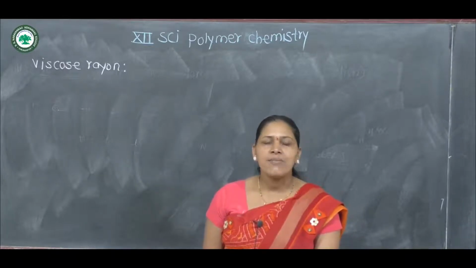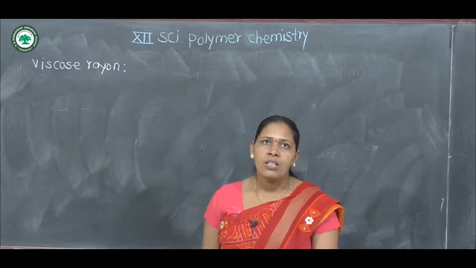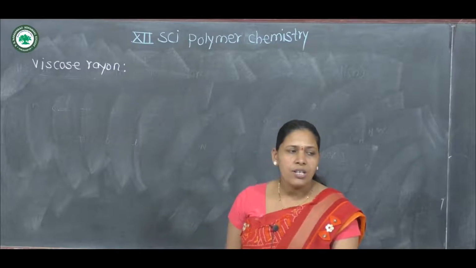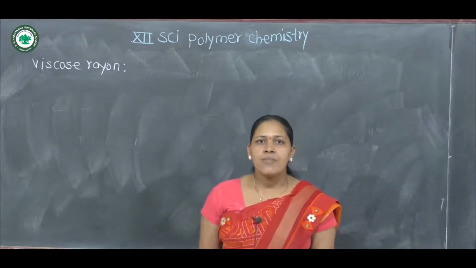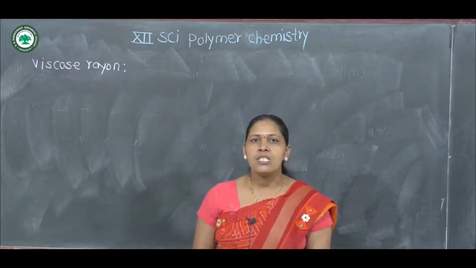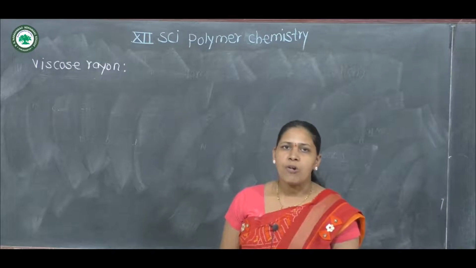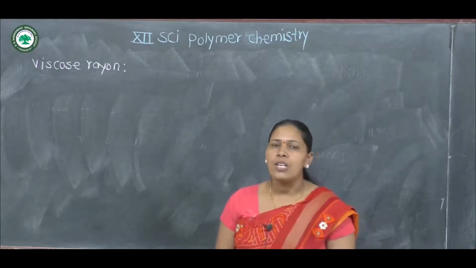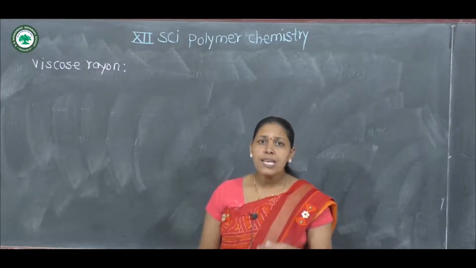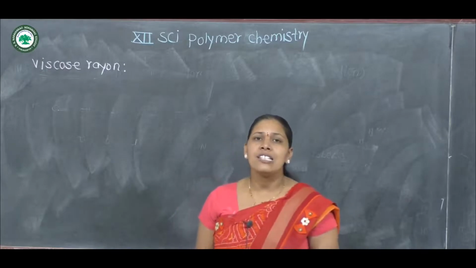We have already studied this. Polymers which are obtained from natural polymers are called semi-synthetic polymers. Viscose rayon is obtained from cellulose, because cellulose is present in plant wood, that is a natural polymer. Therefore this polymer is called semi-synthetic polymer. Semi-synthetic polymers are also called regenerated fibers.